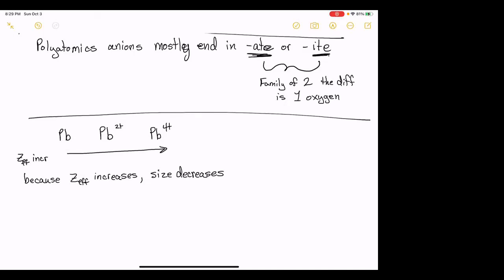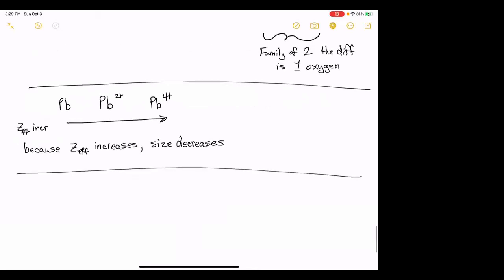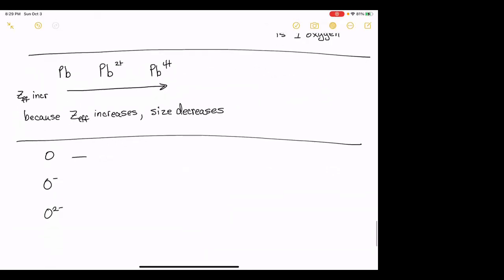Now, as far as going the other way, you could actually do chlorine and you could do oxygen. So let's just see from a Z effective perspective, oxygen, O minus and O2 minus.